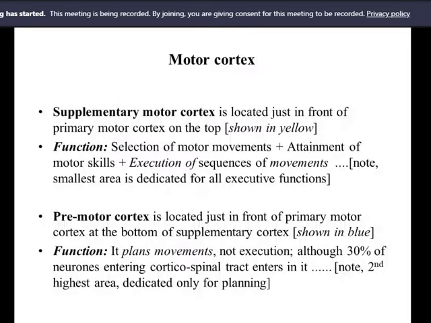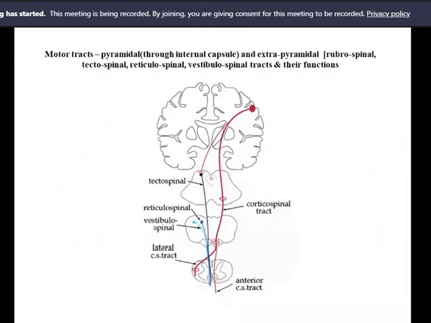Okay. Now let us come to motor tracts. Motor tracts, as I already told you, whether you can remember or not, I cannot tell. There are two types of motor tracts. One is pyramidal tract, another is extrapyramidal tract.